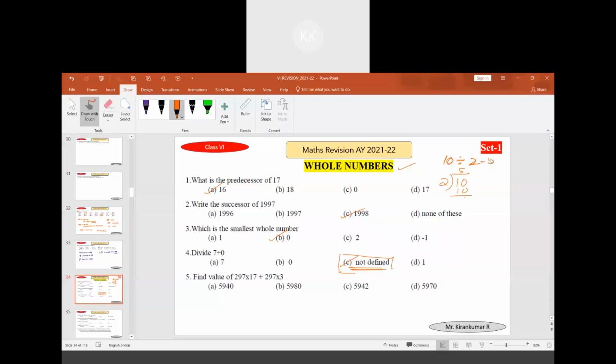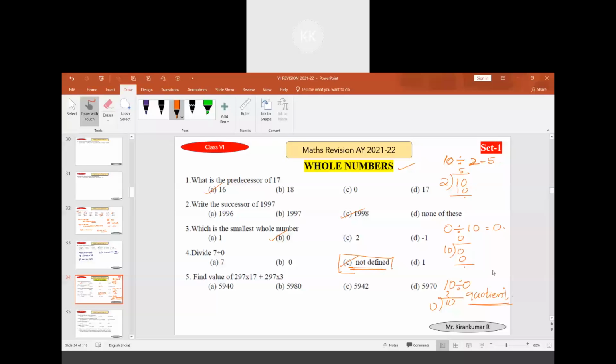Whenever you have 0 divided by a number, 10 will divide 0 zero times, so the answer is 0. But if you do 10 divided by 0, can we get a quotient? No, sir. So the quotient cannot be obtained. That is why it is not defined.